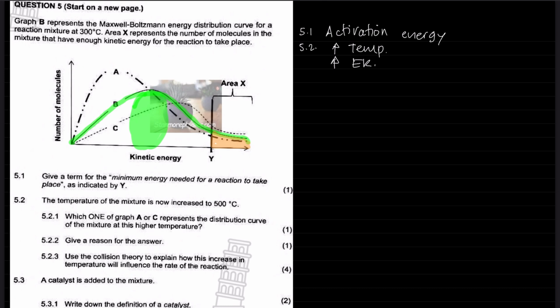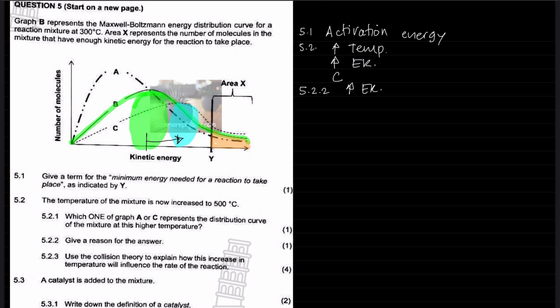And so what we should be focusing on is this graph right here in blue, because this one represents an increase in the kinetic energy. So from here to there, and that will correspond with graph C. So C is the answer. And 5.2.2, give a reason for the answer. It's that more molecules have an increased kinetic energy.